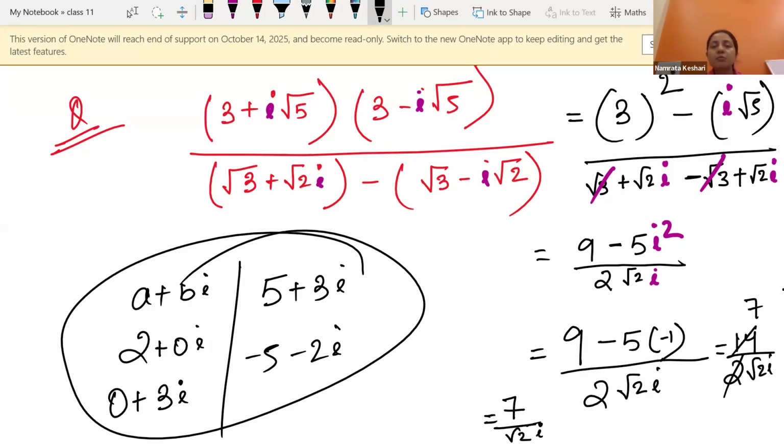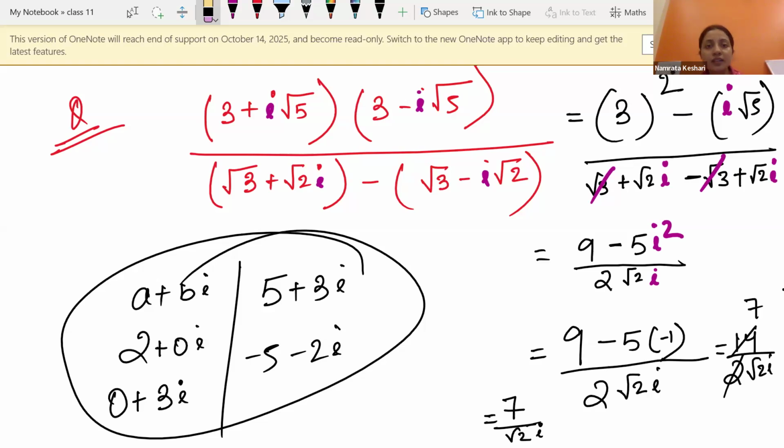Okay, so sometimes you will be having just a number and no i term will be there. That way also you can write it in the standard form. And sometimes you will just be containing the i term, 3i or maybe 4i or maybe 5i. That time also you can write it in the standard form. But the expression which we are having currently in hand, 7 by root 2 and i in the denominator.